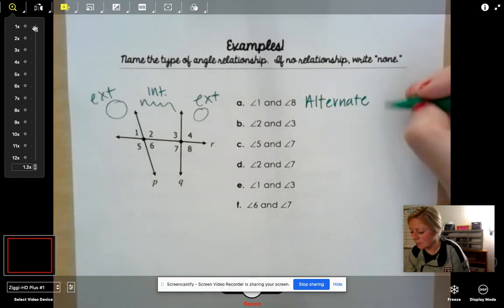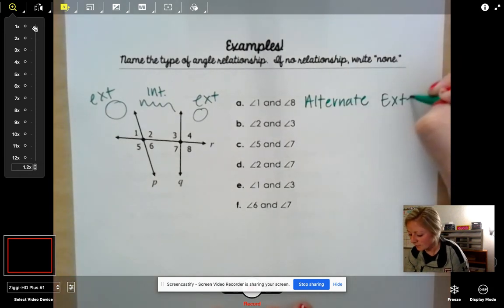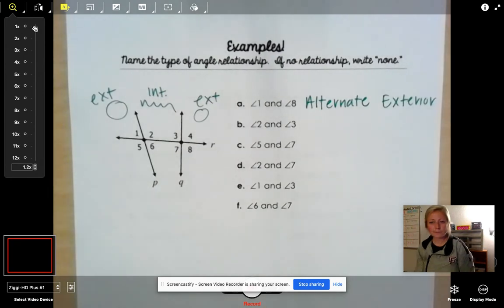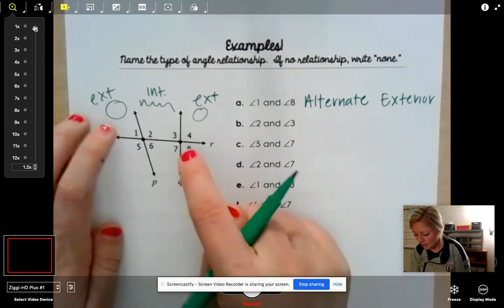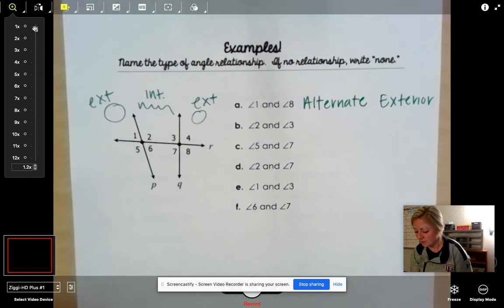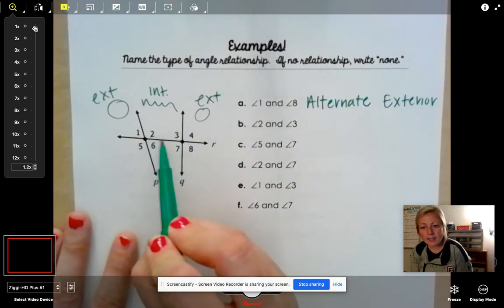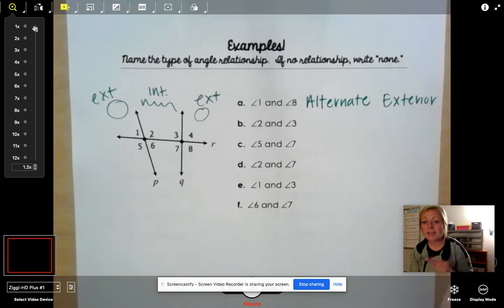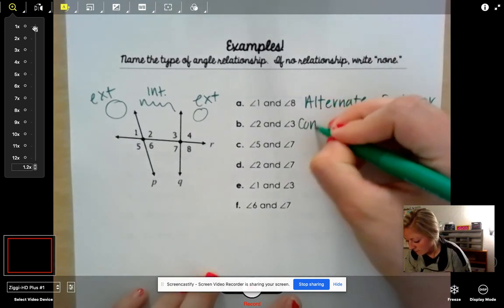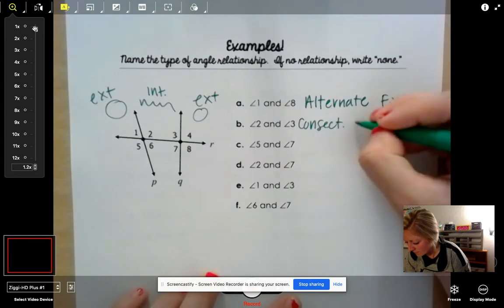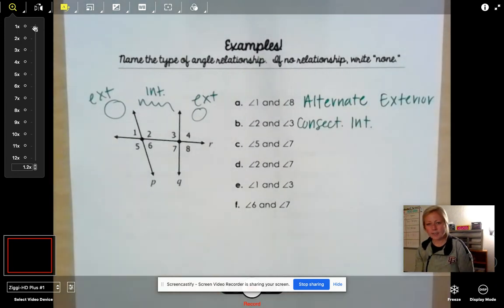You can abbreviate if you want. Exterior. I might start abbreviating. Alternate exterior angles. 2 and 3, they're on the same side on the inside, so they'd be consecutive interior angles.